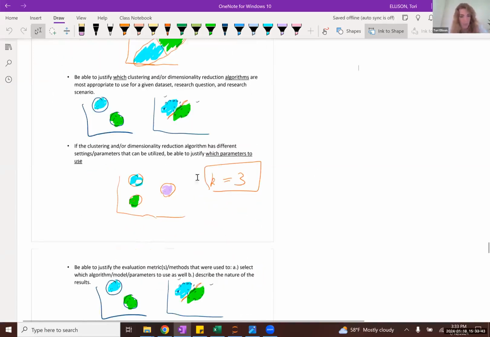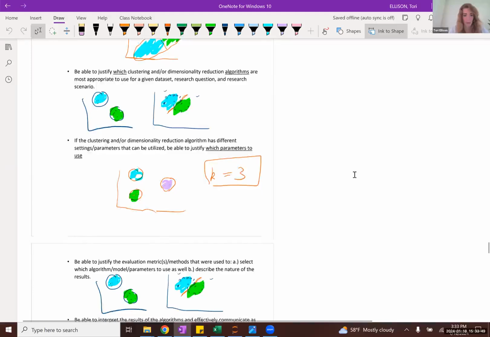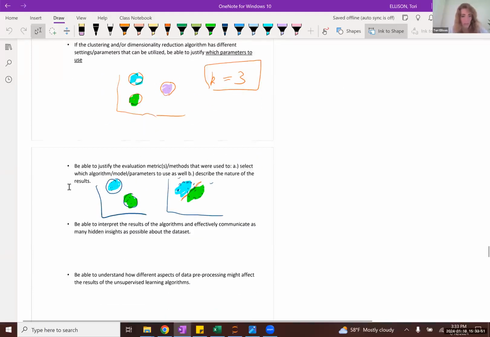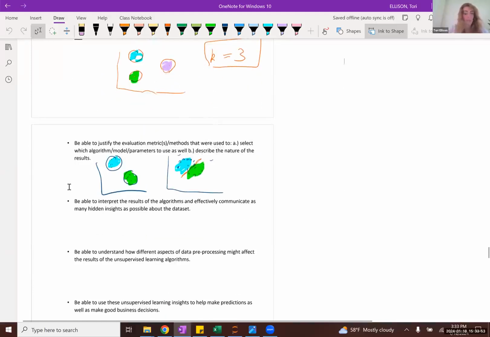Once you've picked a clustering algorithm, you want to think about what are the appropriate parameters to use in that algorithm. In addition, once you have clustered your data set, you want to think about, how would you go about evaluating how good your clustering algorithm result is? Unsupervised learning analyses are a lot more complicated when it comes to evaluating how well we did.